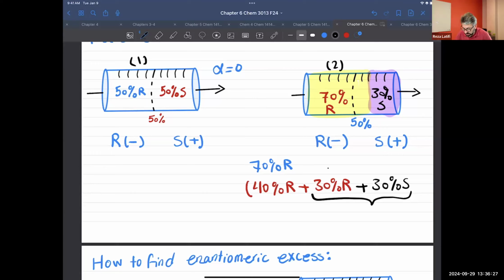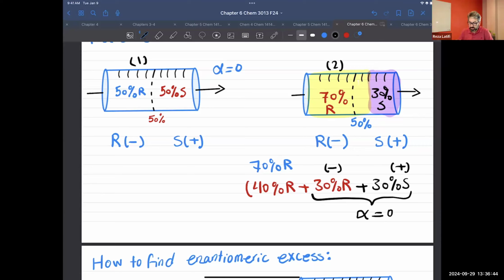The rotation here is negative, while for S the rotation is positive. 30% from R will be canceled by 30% from S. So the rotation for 30 plus 30 is going to be exactly equal to 0.